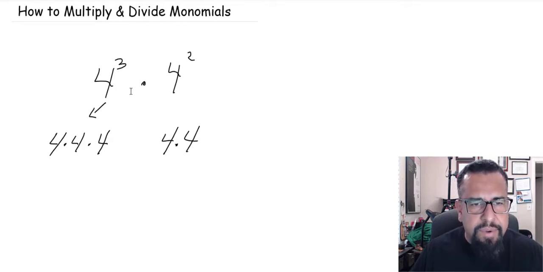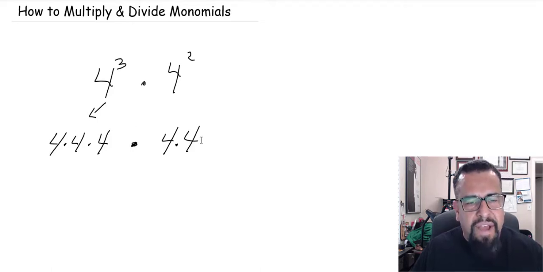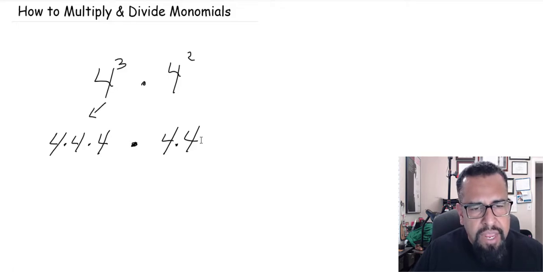And of course you can see right here that both of those are being all multiplied together, right? So this section right here times this section right here. Well, simply, if we can count 1, 2, 3, 4, 5. I have 5 fours, so you can say that you have 4 to the 5th power.